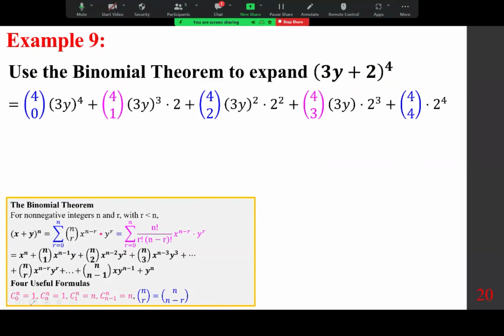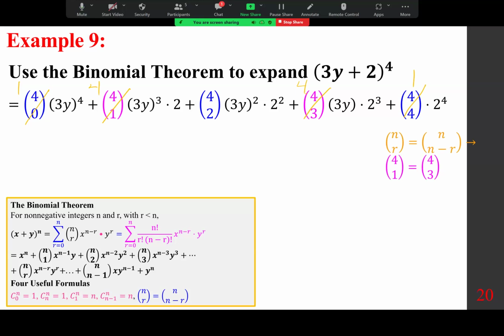And we already know the following, everybody. We know this is 1, this is 1, this is 4, which makes this one 4, just for the sake of argument. But in any event, I'm going to remind you that these two are equal. So (4 choose 1) and (4 choose 3) are equal.